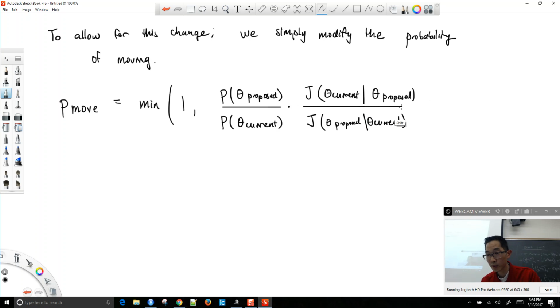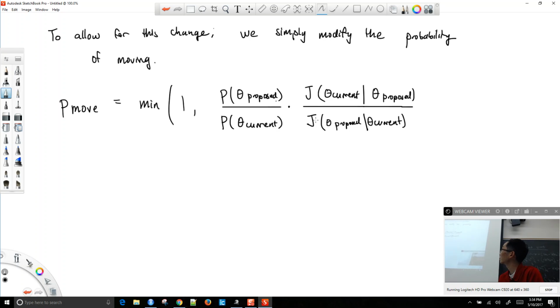Okay, so we take into account that when we proposed them, maybe we were more likely to propose going to the right versus going to the left, or vice versa, and that gets taken into account here.